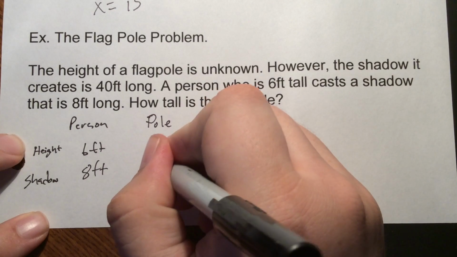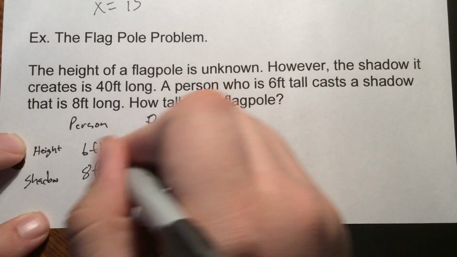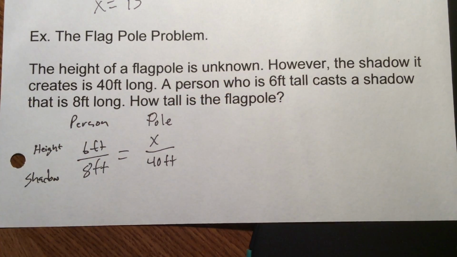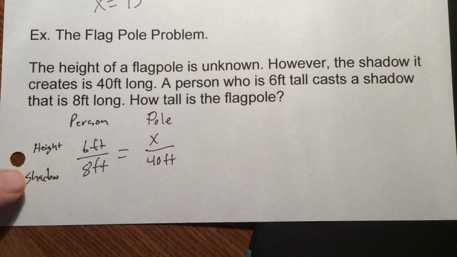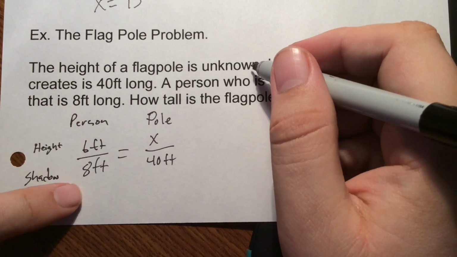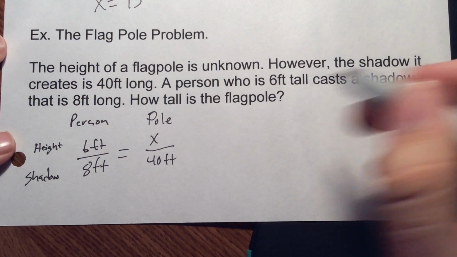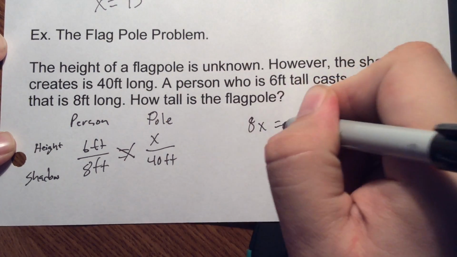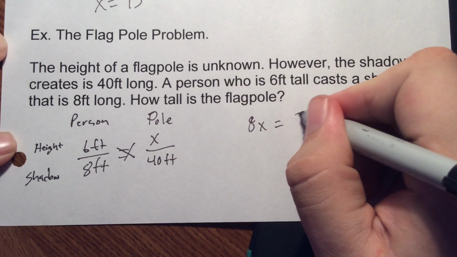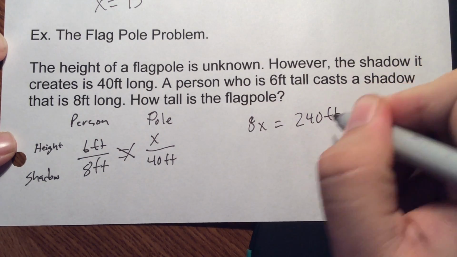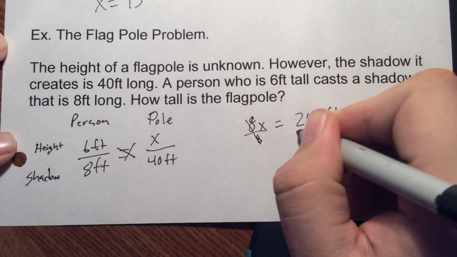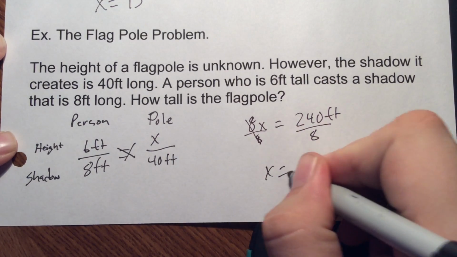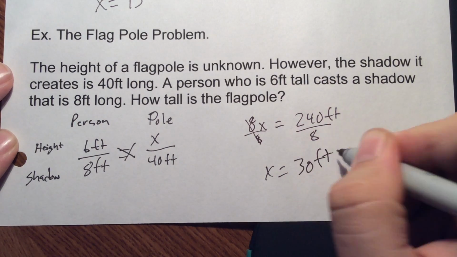But we know it makes a 40-foot shadow. And that's how we're really making this proportion. So if our height's on top, shadow on the bottom, we're going to do that. Person on the one side, pole on the other. Put them in the same spots, and then we're multiplying stuff out. So cross multiply there. 8x would equal 6 times 40, which would be 240. And divide by 8. So x is going to end up being 30 feet.